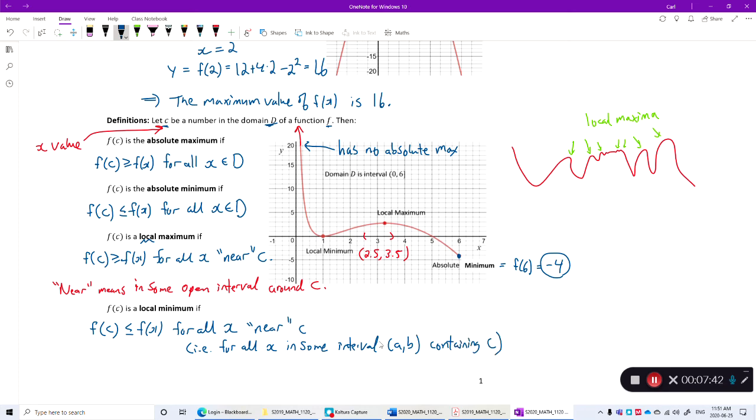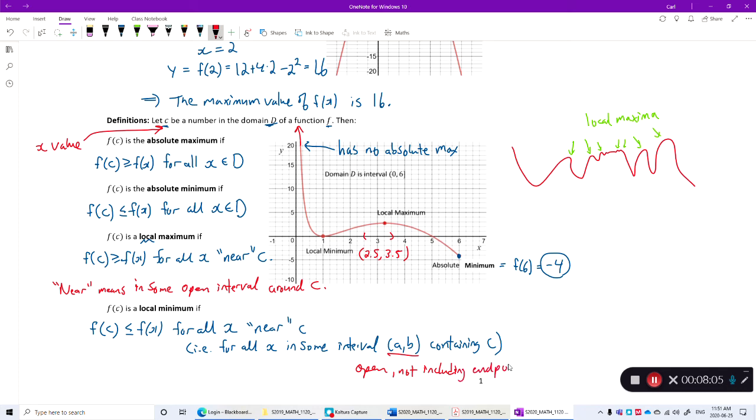And it has to be an open interval. That's really important. This is open, meaning not including the endpoints. So a key thing is that c can't be the end of the interval, not including endpoints.